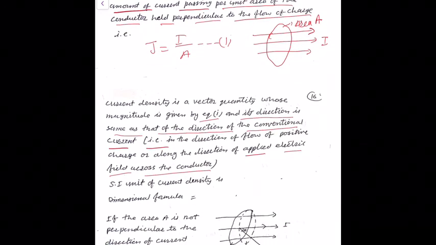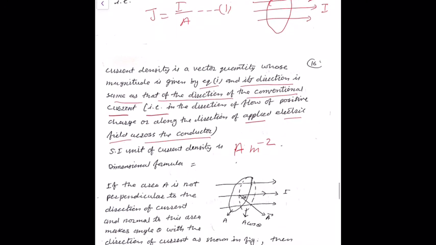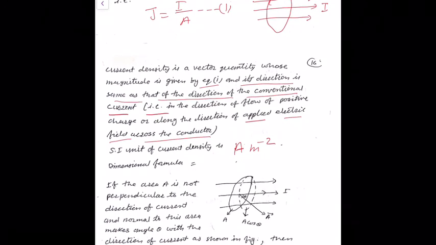SI unit of current density is ampere per meter square, or dimensional formula is M0 L minus 2 T0 A.